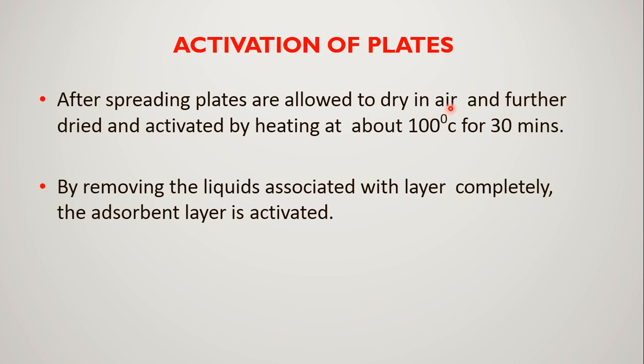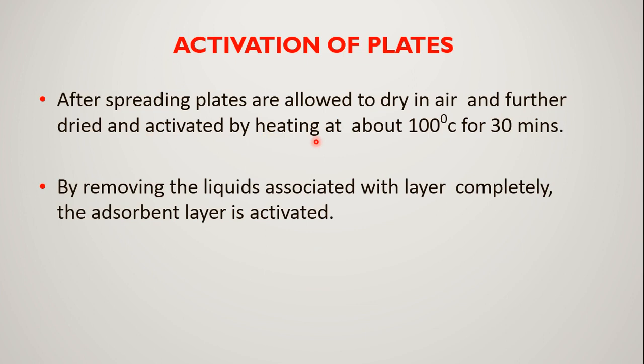As we see, chloroform or other volatile solvents are used in the slurry, so these will be vaporized. After this vaporization, what remains is only the high surface area adsorbent material. Now these are activated in specific ovens.